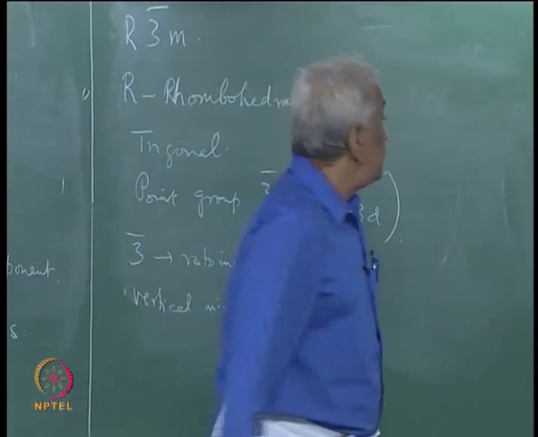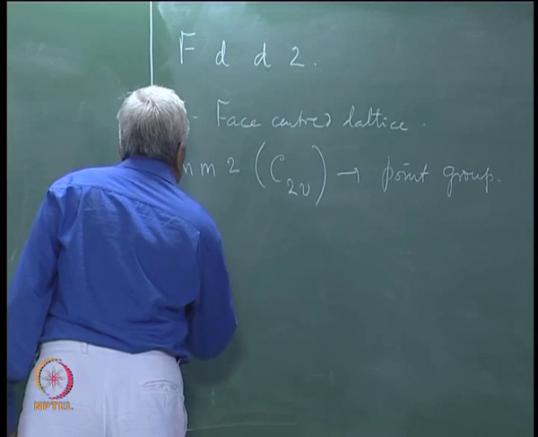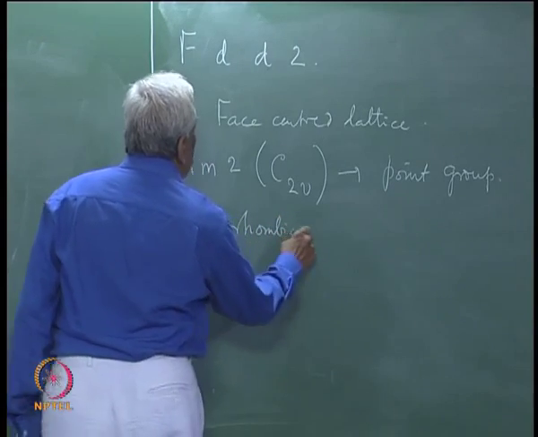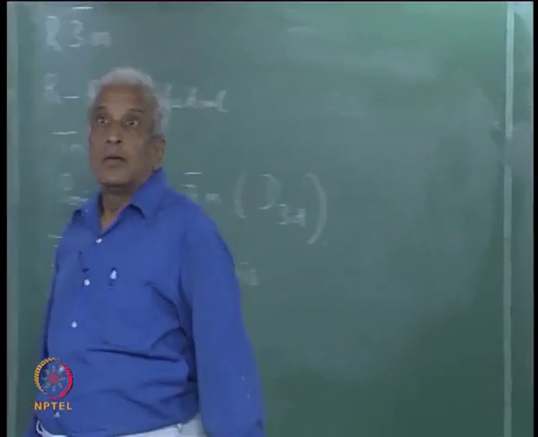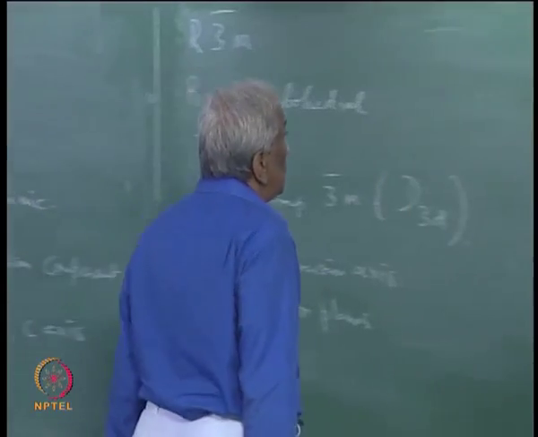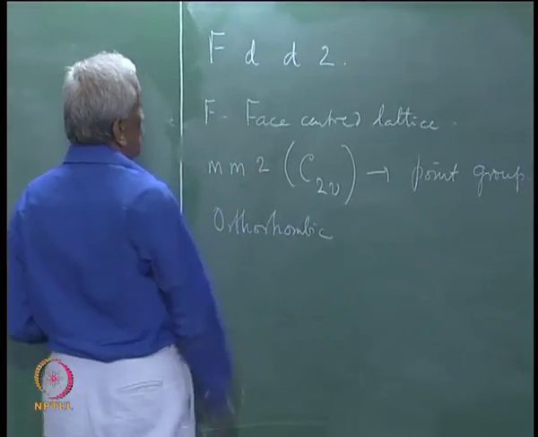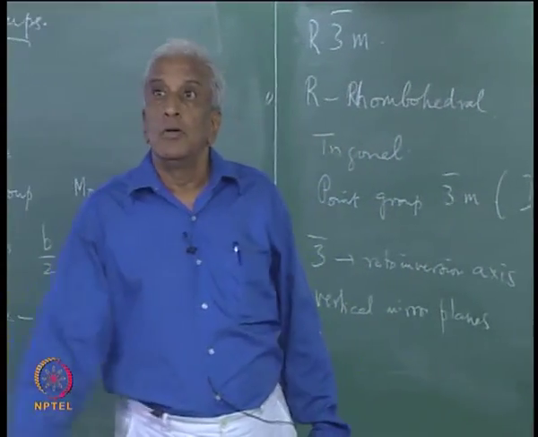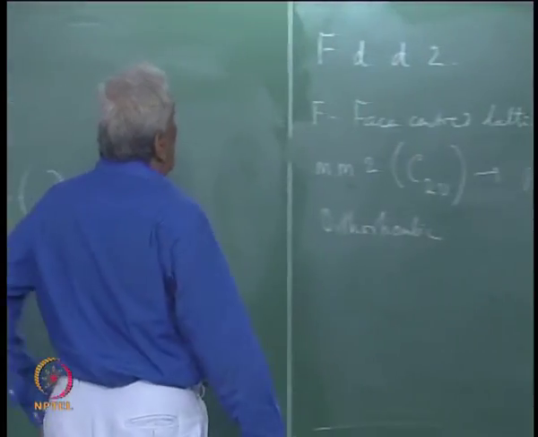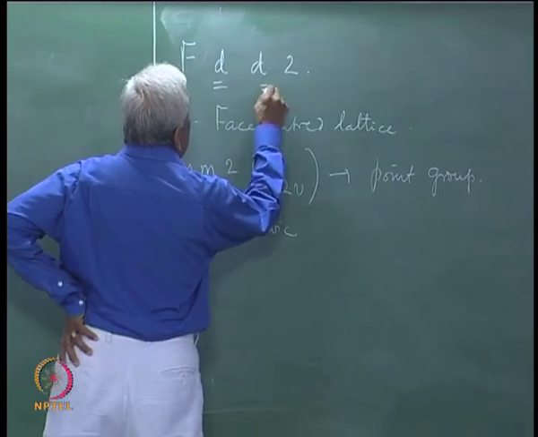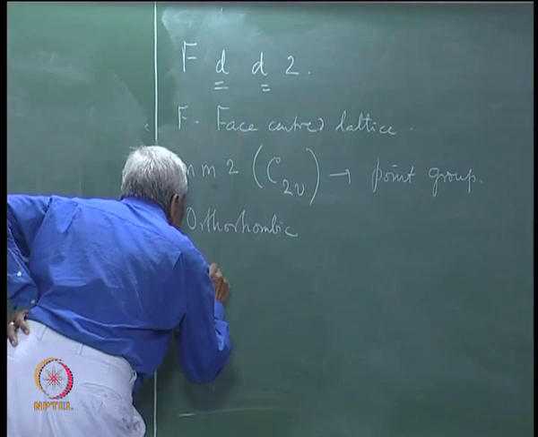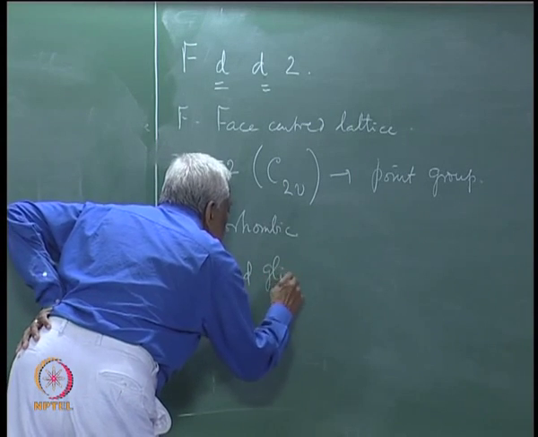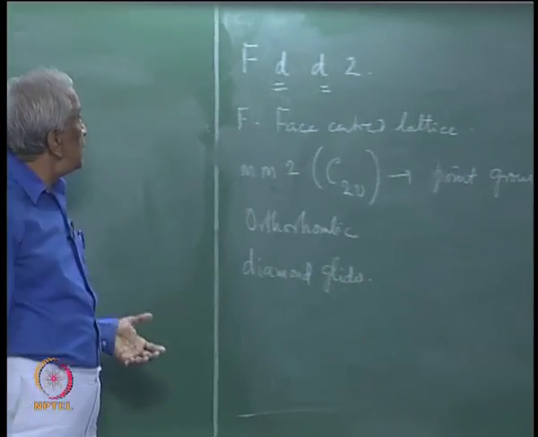So, that means that this is an orthorhombic lattice, since we have mirrors perpendicular to the a and b axes and a twofold axis along the z, and the symbol d means these are not pure mirror symmetries, but diamond glides with translation components.